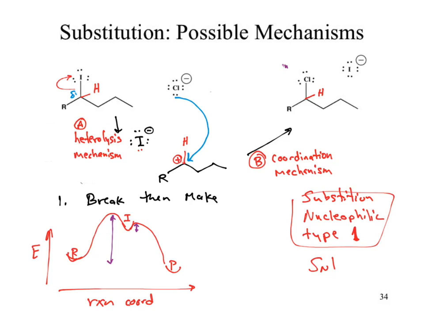What is the rate law for that first step? That would be rate equals, and in fact this will be rate of step A, equals k, which would be the what constant?